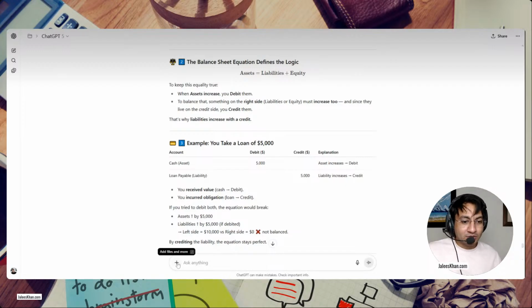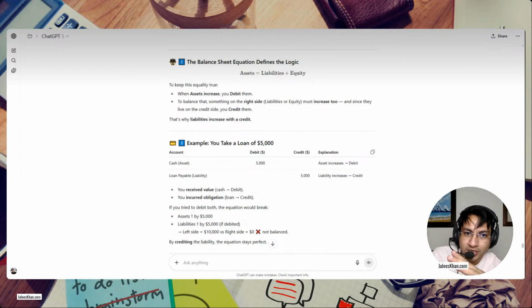That's the interesting thing, and it's really confusing because we have to see the flow of the transaction, but also with respect to this equation as well.